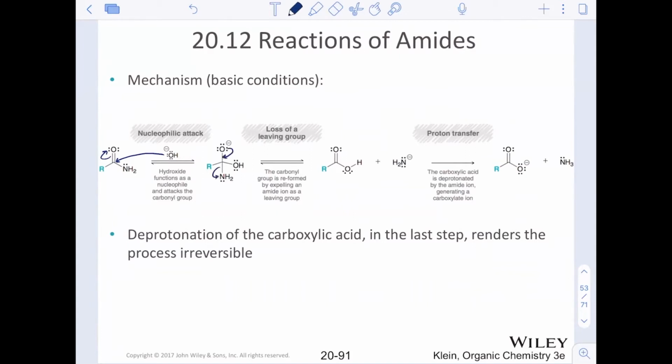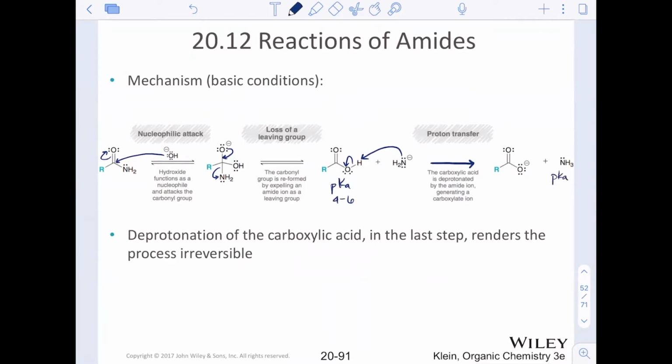This is the equilibrium reaction, the loss of the leaving group, that's not super favored. The only reason, again, why it's favored is because of the proton transfer that occurs. This last step of a proton transfer is very, very favorable. The pKa of our carboxylic acid, again, is between 4 and 6.